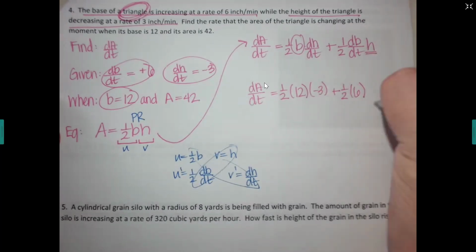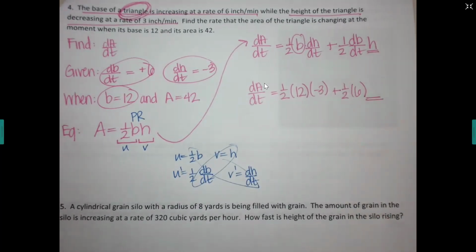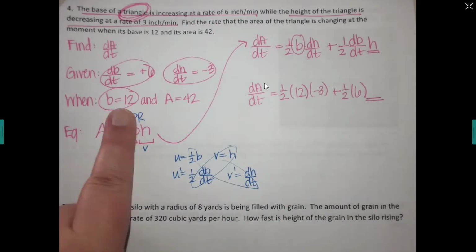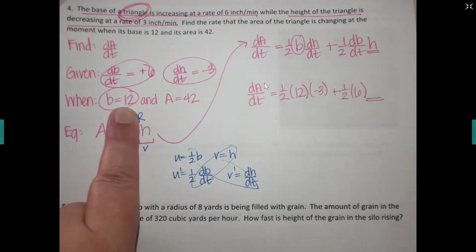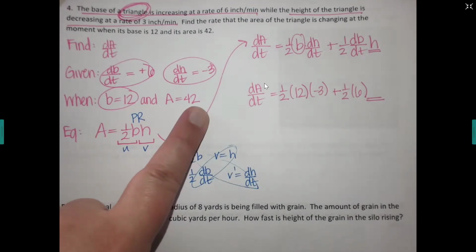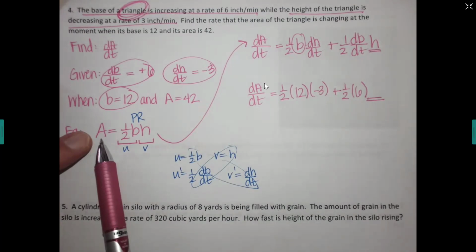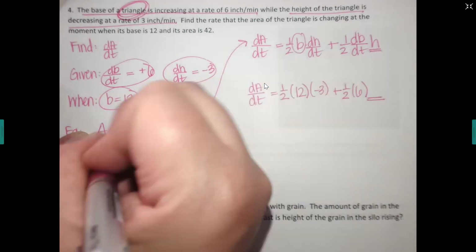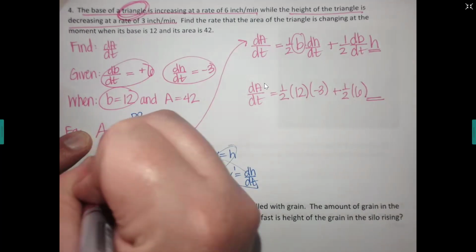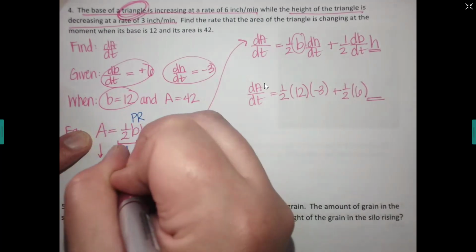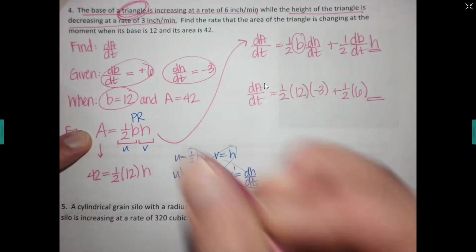And then when I get to H, I notice that I actually wasn't ever given H. So that's going to be a little bit of a problem. Look at the information they gave you instead. They told me the base is 12. And instead of telling me the height that goes with that, they told me the answer for area. Well, if I work my way backwards, that will let me find H. If area is 1/2 base times height, and I know my area is 42, then that would have to equal 1/2 of my base times height.